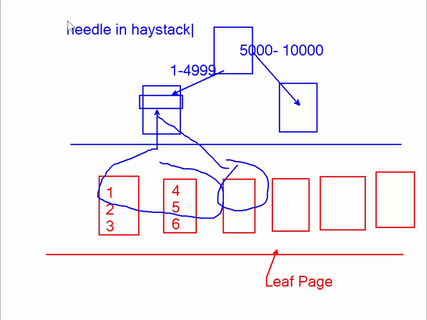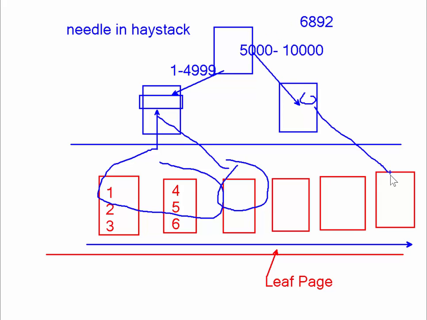Because let's say you have 10,000 records, you don't want to read everything until you find that record, right? So this index can tell you with precision where exactly is 6,892. That's very easy to do. Look to your right, look for that region, and here is 3 pages. When you look at it, you're going to find it right here.